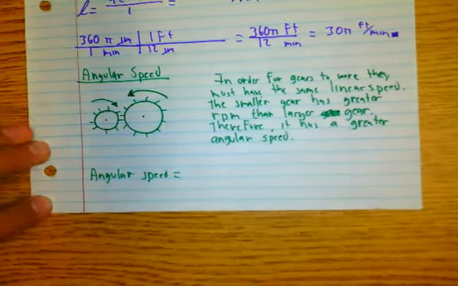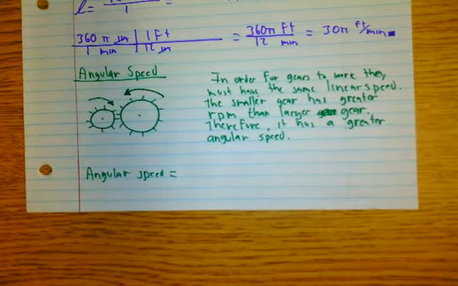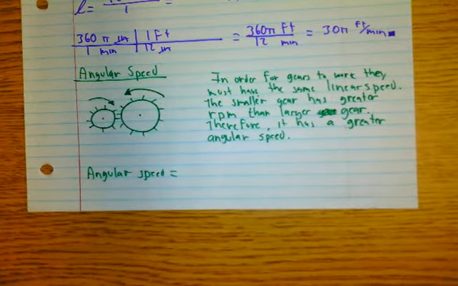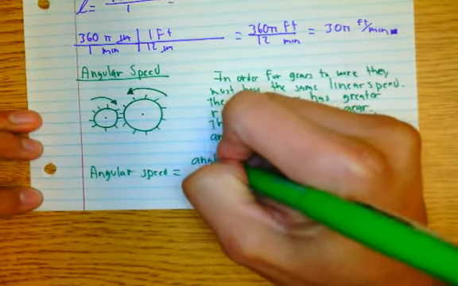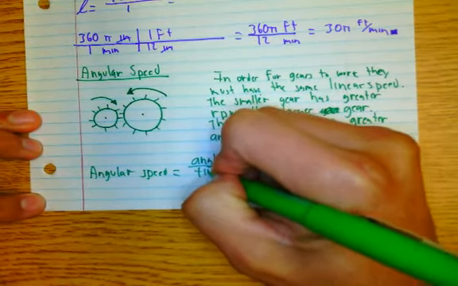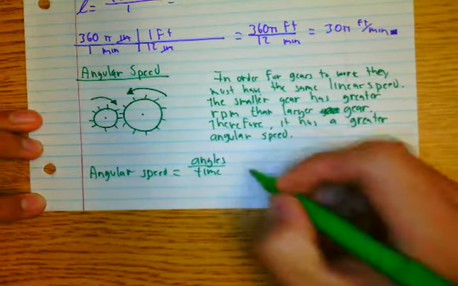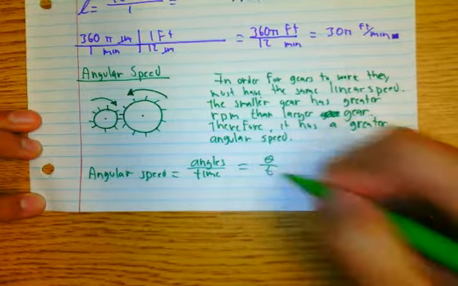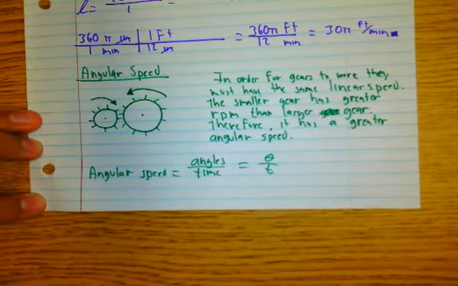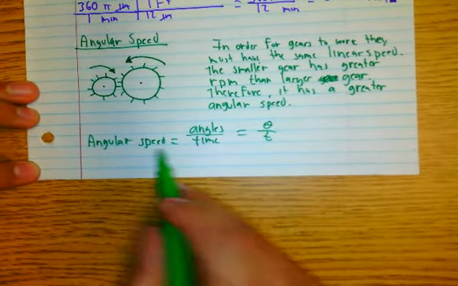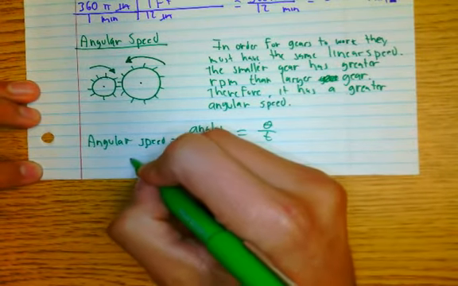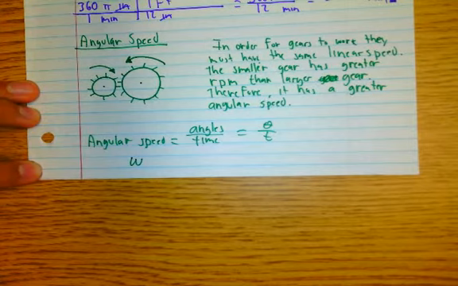If we're using angles rather than distance, we're going to use angle over time, which in our case then becomes theta over time. Now, we're too lazy to write that entire thing out, so we use W for angular speed. So W equals theta over time. You're going to have to memorize that formula as well.